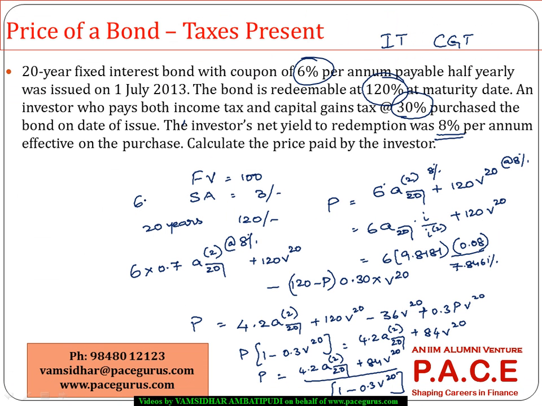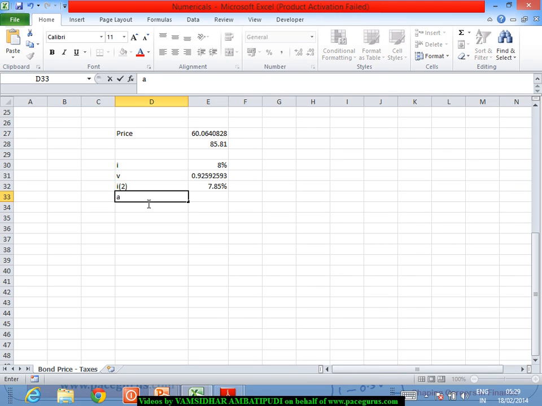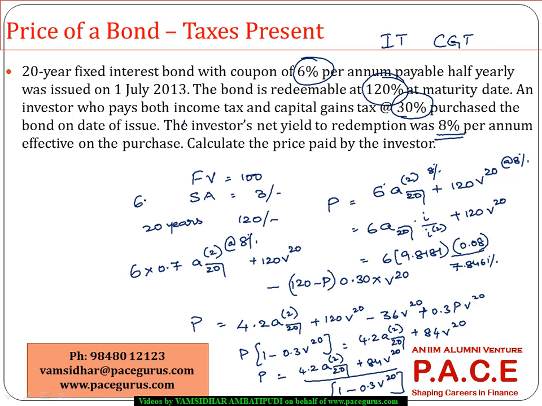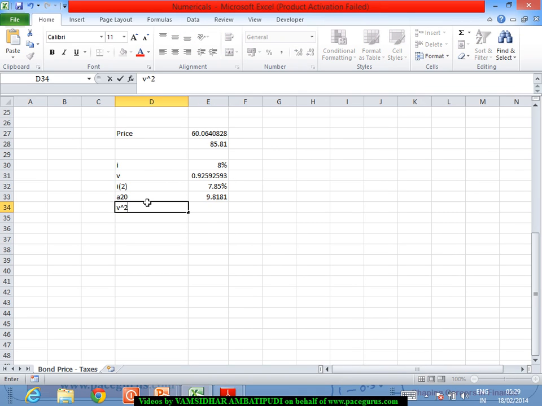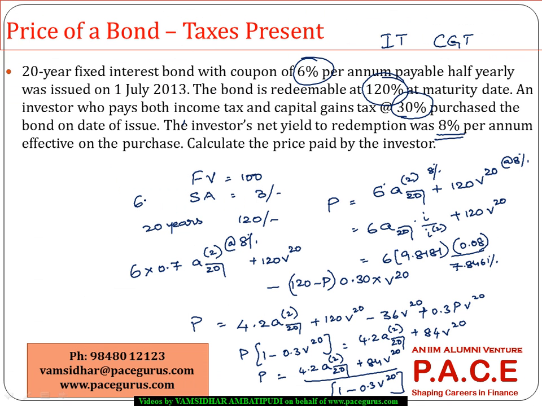Then I have a-angle-20. I could have picked it directly from the actuarial tables: 9.8181. So this is my a-angle-20. Then v^20 is one more thing which I require. So this is my v to the power 20.